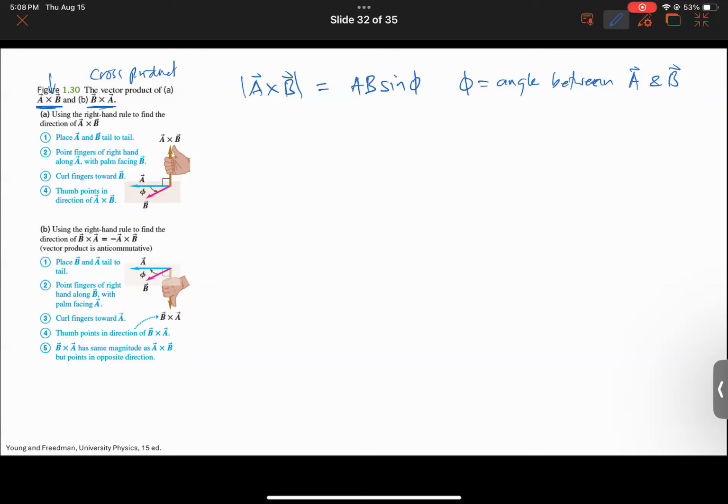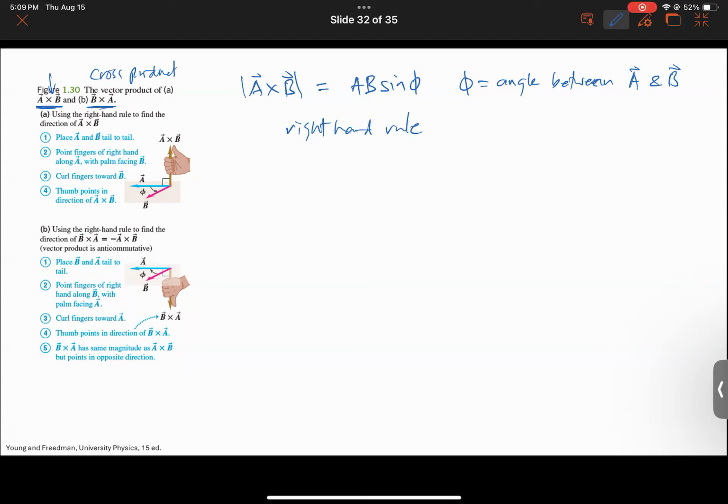What about yung direction? Now, yung direction is a little bit tricky. Okay, kasi ang gagawin nyo is you use your right hand. Okay, so dito na papasok yung right hand rule.